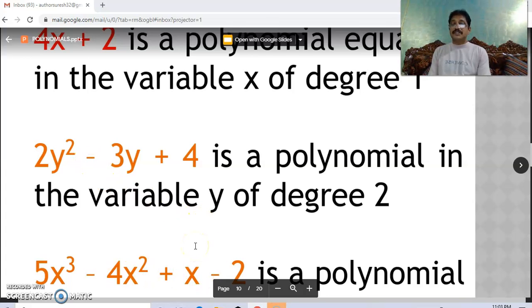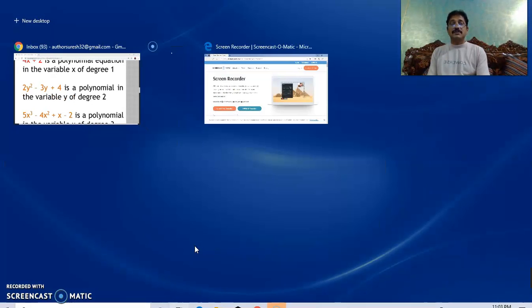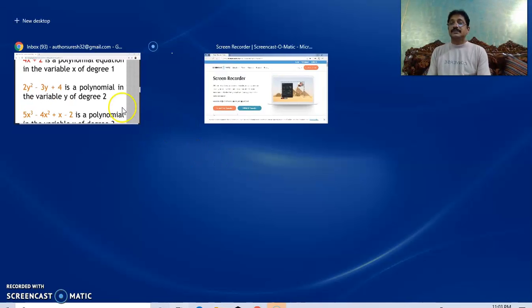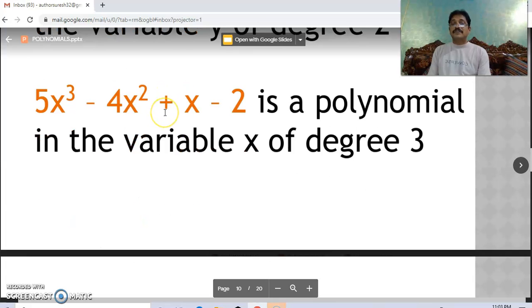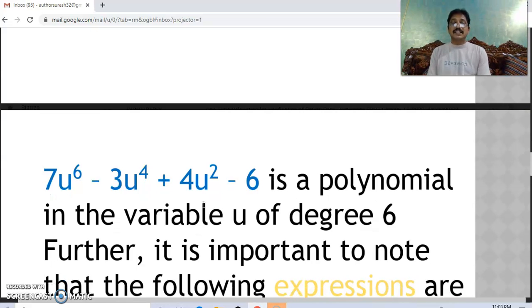Now consider 5x cube minus 3x minus 4x square plus x minus 2 is a polynomial. So here the degree is 3, correct? Degree is 3 because the highest power of the variable is 3 here. Now consider one more, 7u power 6 minus 3u power 4 plus 4u square minus 6 is a polynomial in the variable u of degree 6.